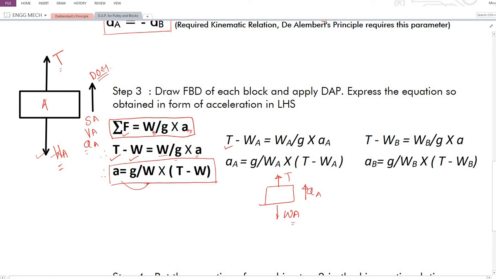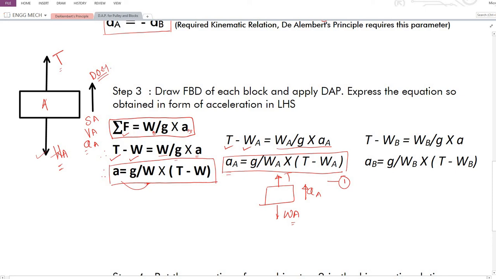Weight of block A is against the direction of motion, that's why taken negative, and the right hand side is as it is. Now what we have done is rearrange this equation in terms of the acceleration of block A. Thereby we have equation 1 as acceleration of A is equal to g divided by WA into (T minus W). We have done nothing different.